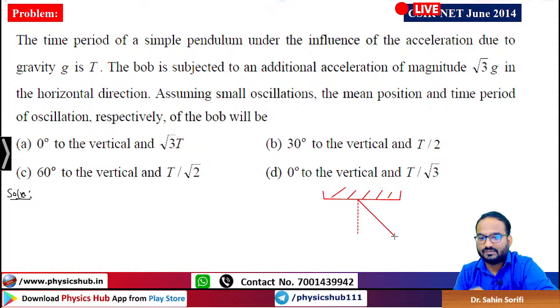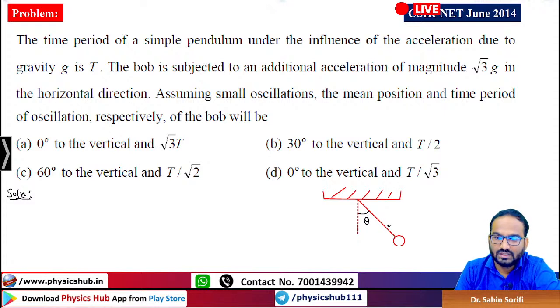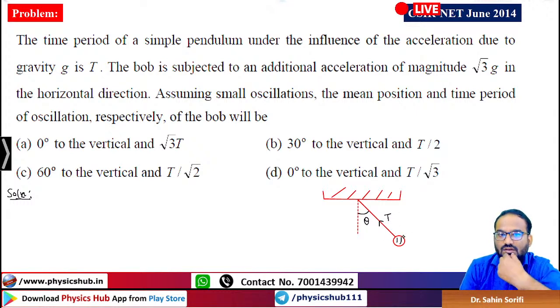At the end of the pendulum there will be a bob like this. It is making an angle theta, and as this bob is there, it will have tension on the wire along this.